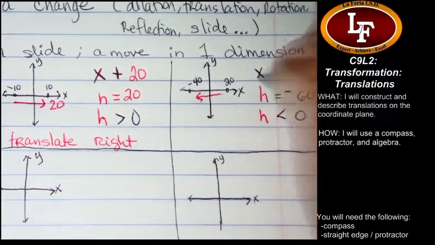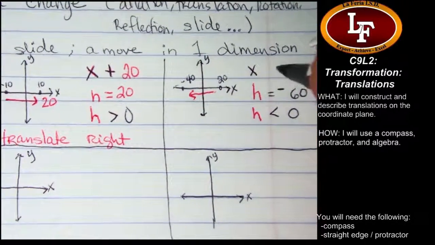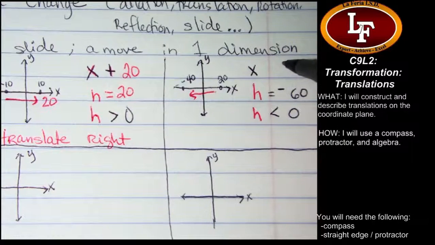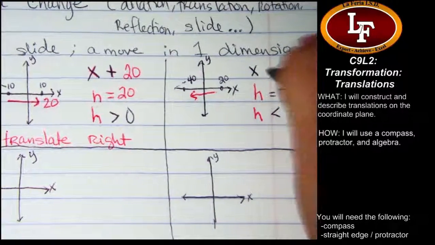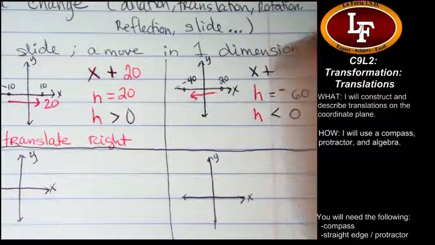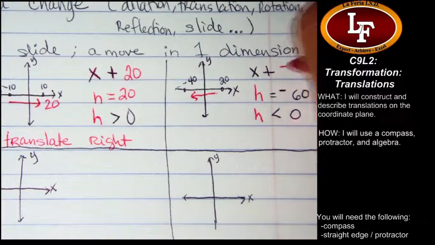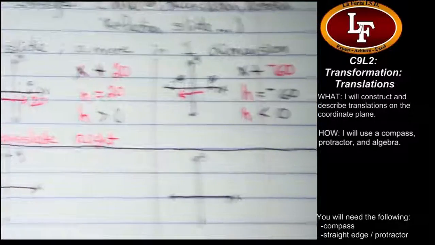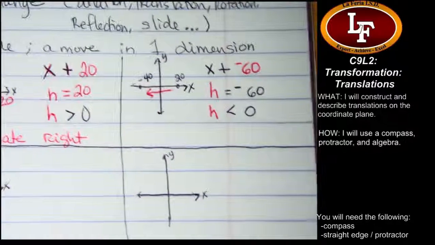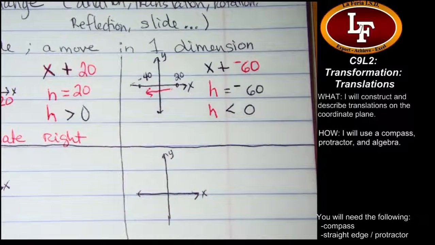All right. Look at how we write this. The translation description for horizontal says x plus h. But what's the value of h? Negative 60. Now we have a positive and negative sitting next to each other. Does that hurt your brain?